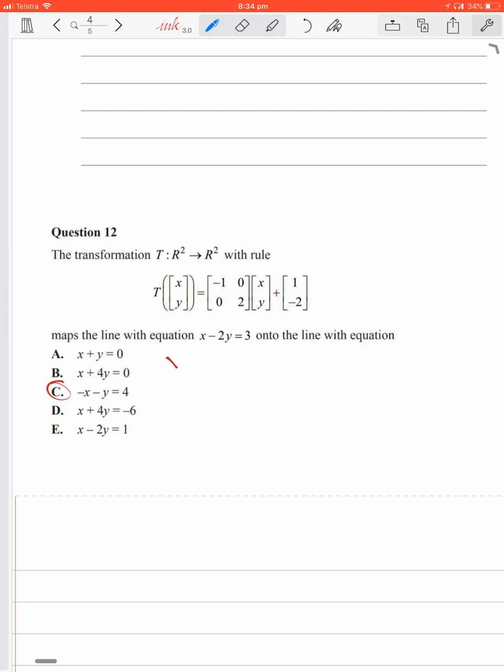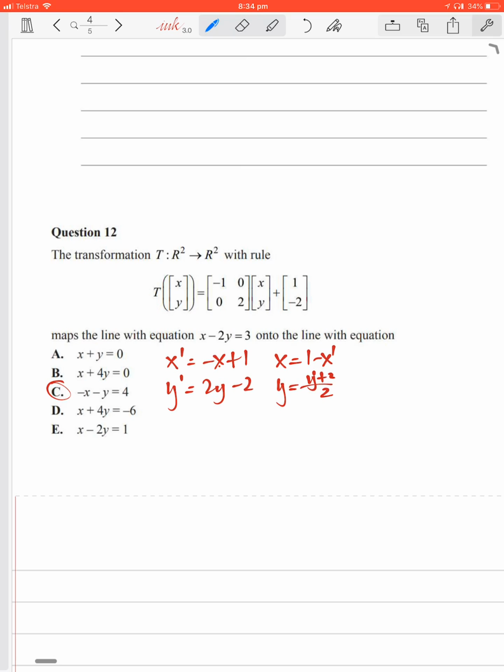Okay, so let's expand it out. So x dash is equal to negative x plus 1. y dash is equal to 2y minus 2. What do we get here? x is equal to 1 minus x dash. y is equal to y dash plus 2 on 2.